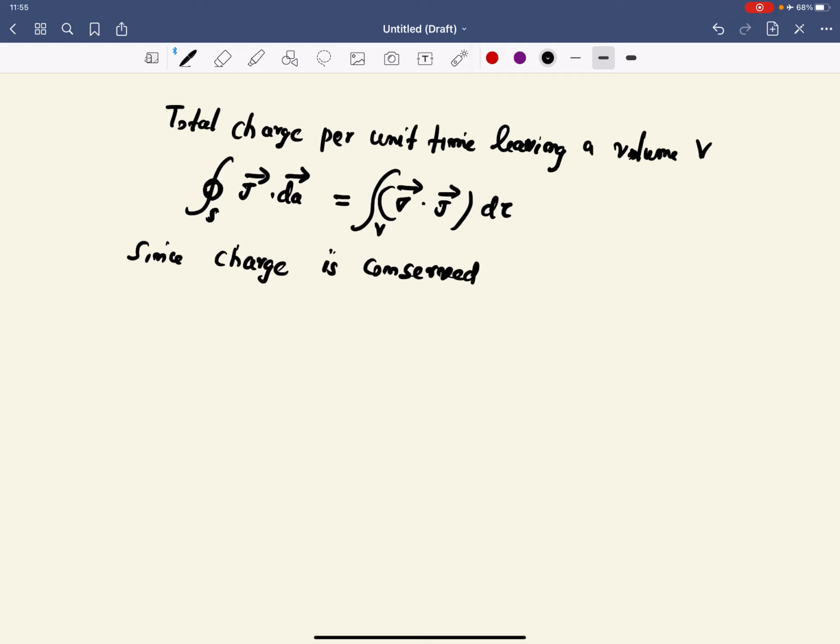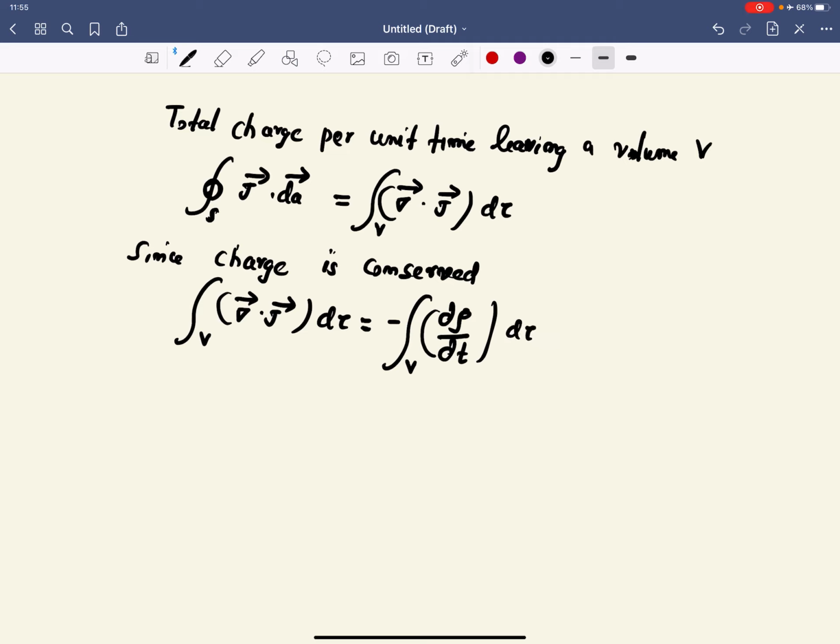charge is conserved, we can simply write this expression, del dot J d tau, as the change in the density, del rho by del t, over this volume into the volume element.